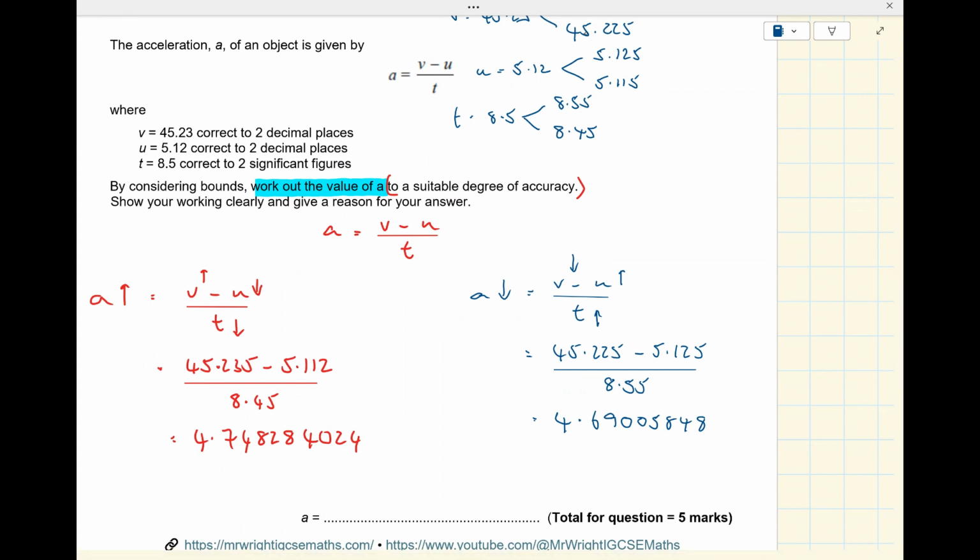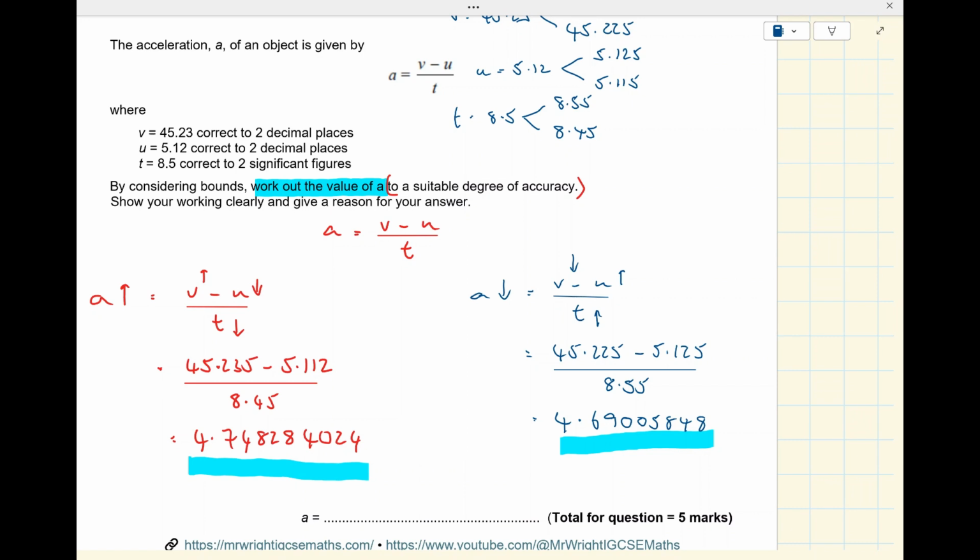So you know that A lies between the lower bound and the upper bound. You know it lies between 4.69005848 and 4.7482844024. So can you, for instance, say that A is equal to 4?